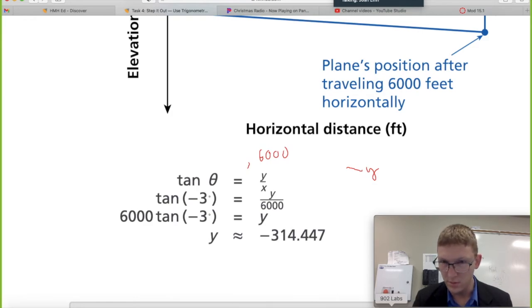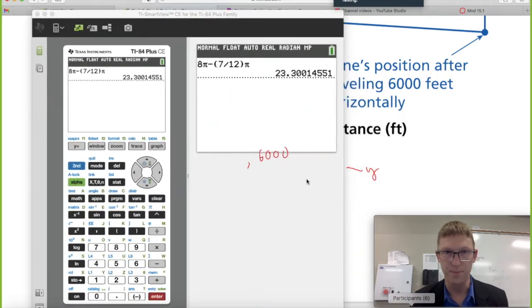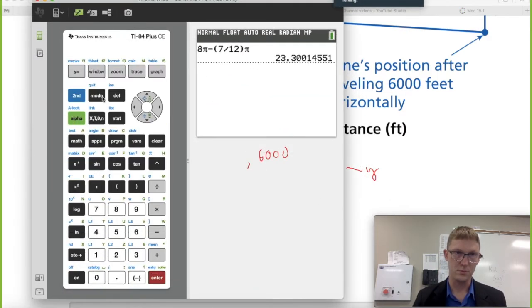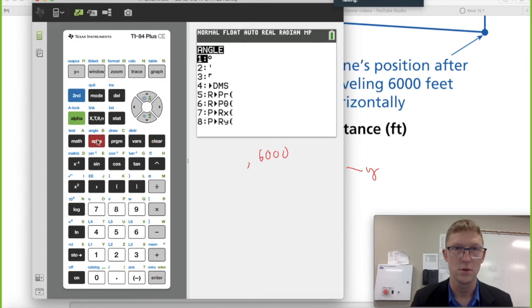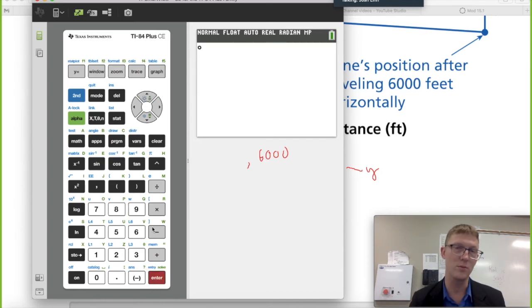So where's my calculator? There you are. You will notice that you've got all of your trig functions right here. Double check to make sure that your angle is in degrees. Sometimes you may want to have them in radians, but right now we want them in degrees for this problem.